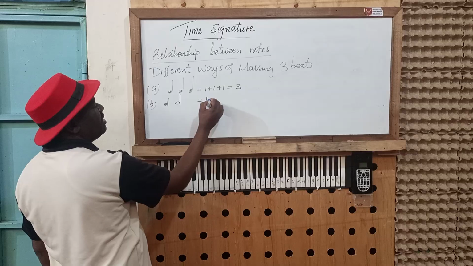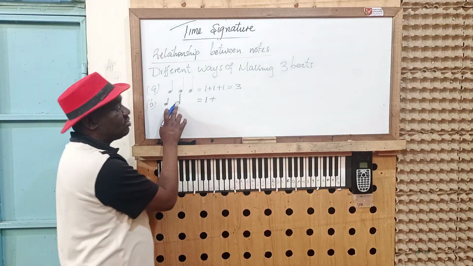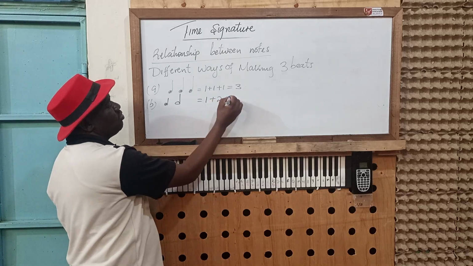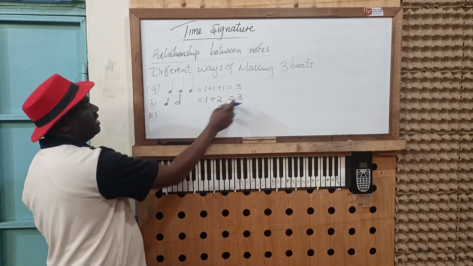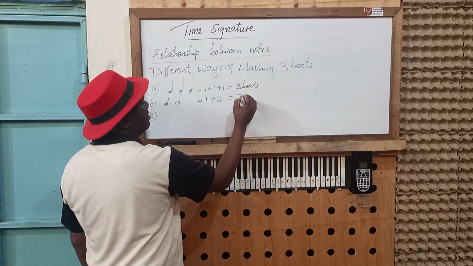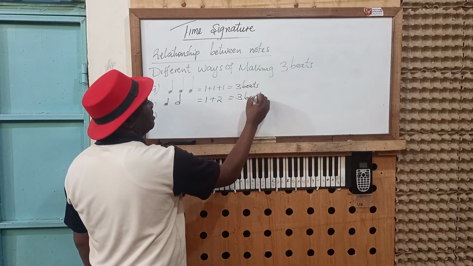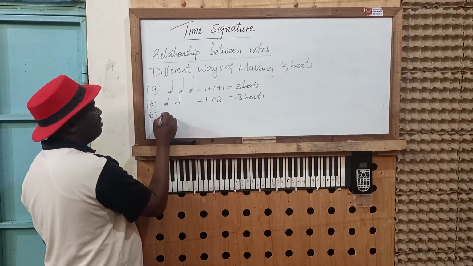This is the same as 1 beat plus, you know a minim is 2 beats from the previous lessons. So plus 2, which is the same as 3. Those are 3 beats, because it's 1 beat for a crotchet, 2 beats for a minim.